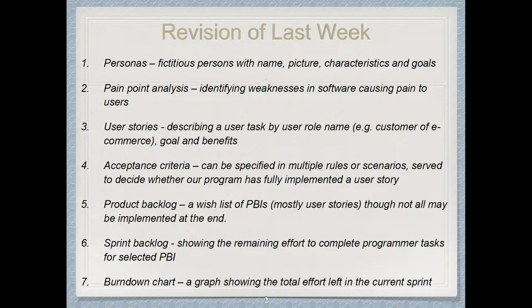But sprint backlog, well, first, the concept of sprint is a short period of time, maybe 2 weeks. Then a sprint backlog would contain the wish list from selected user stories from the product backlog that you want to accomplish within the current sprint. That's what sprint backlog is.